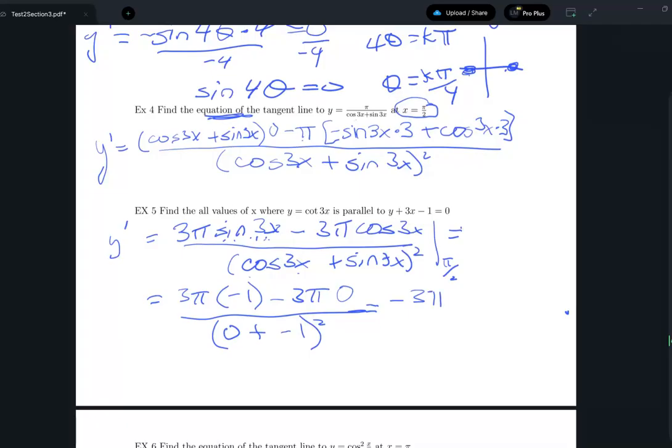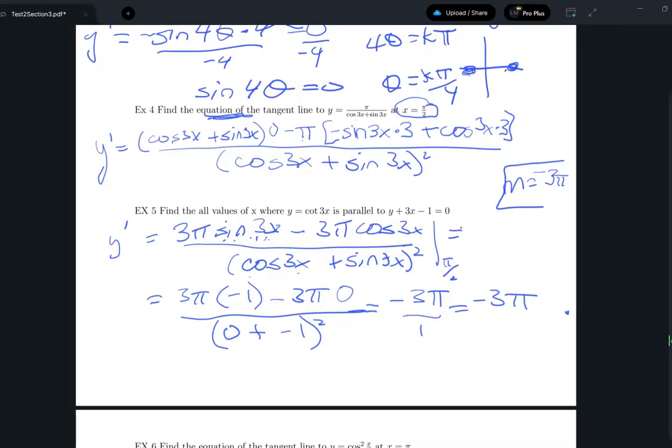So I get negative 3 pi over 1. Negative 3 pi is the slope. That's the m. M is negative 3 pi.